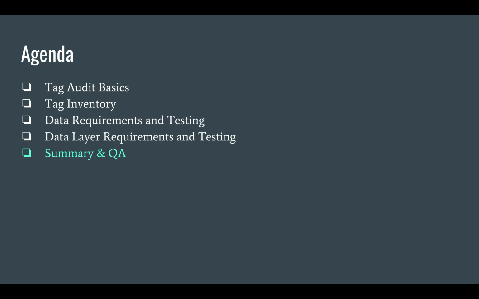Is it something that maybe should be delayed until always after the full DOM content loaded page timing event, and really structuring everything around those? So keep those 3 things in mind as we're going through this audit process, and everything will work out well at the end. At this point, I can turn it over to any questions.